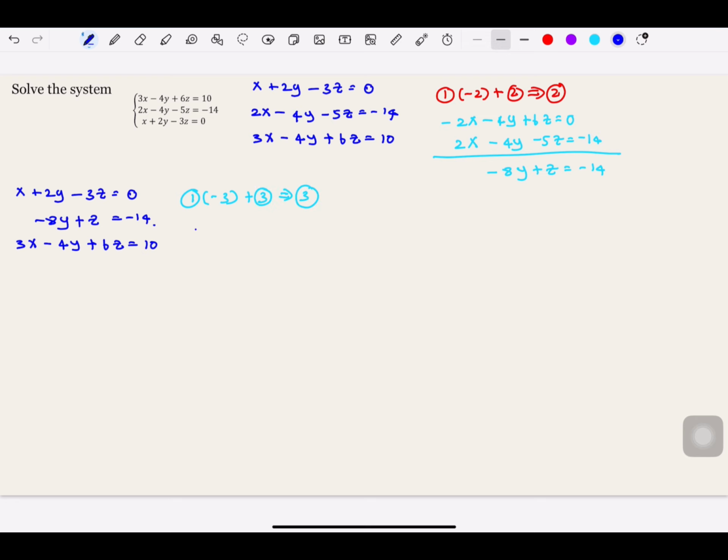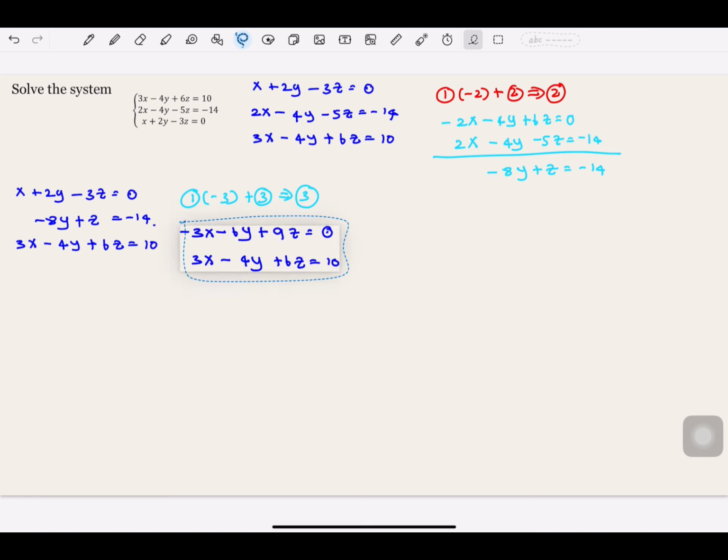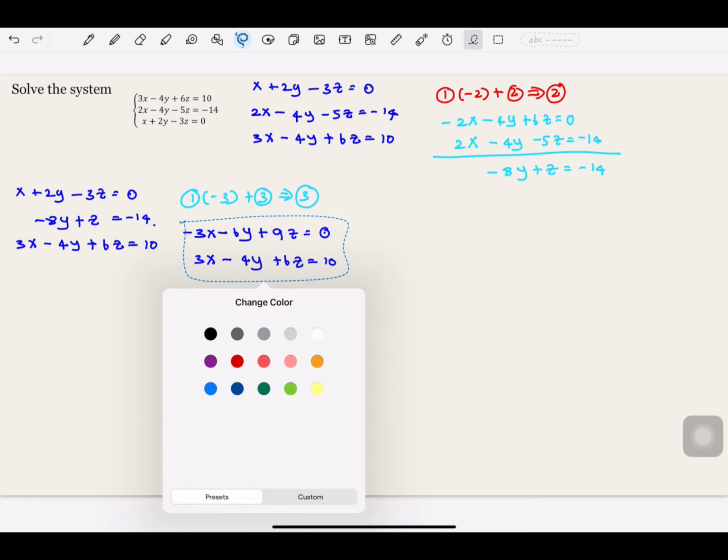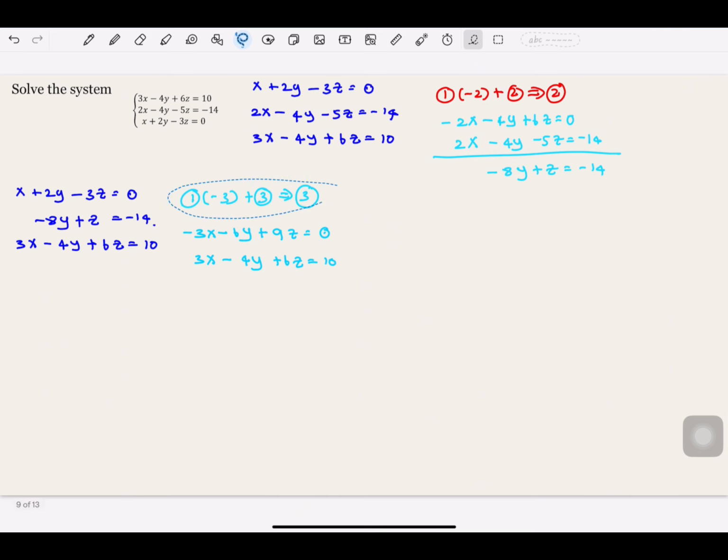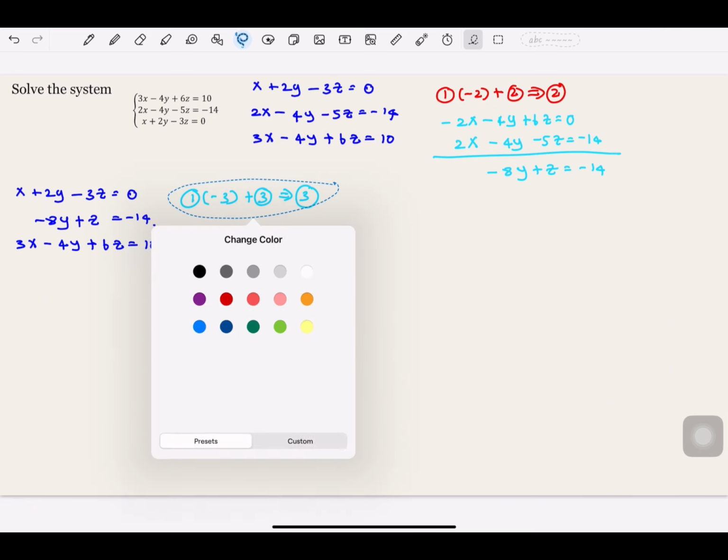So the steps are, it's negative 3x negative 6y plus 9z equals 0, 3x 4y plus 6z equals 10. Okay, it seems like I used a different color. So let's try to, okay, this is good. And over here, this should be in red. Okay, this is good.